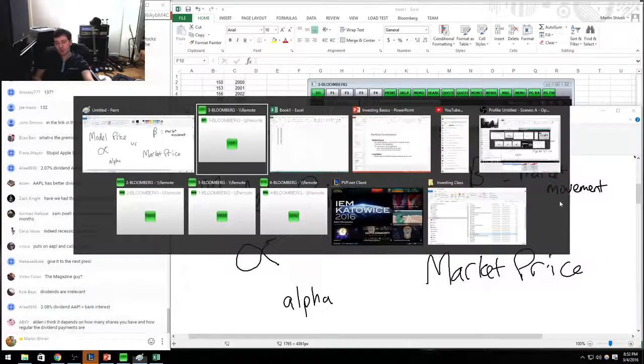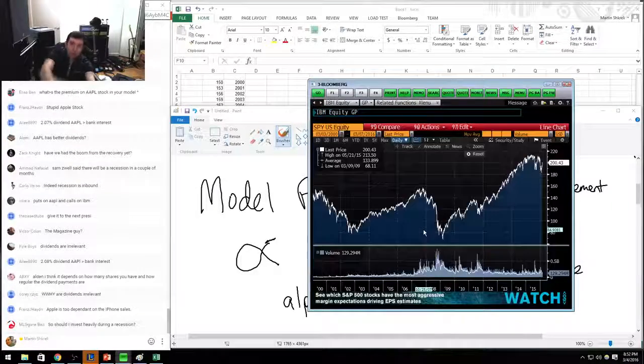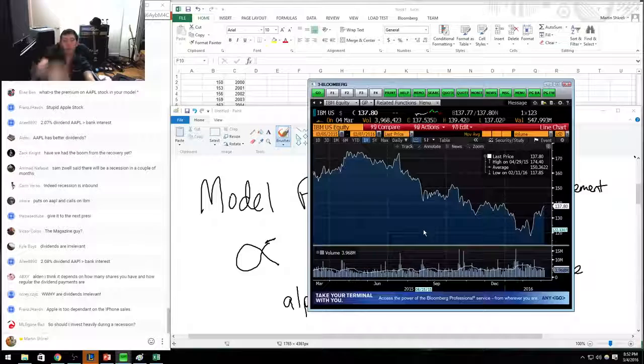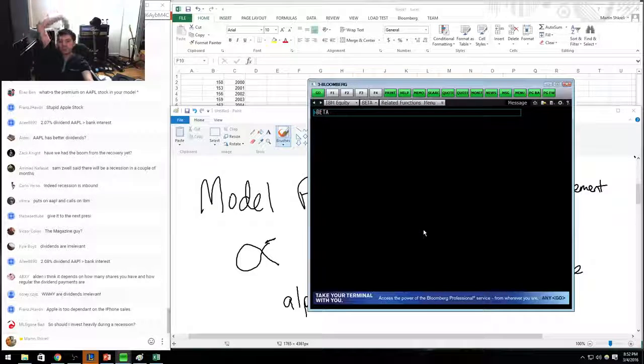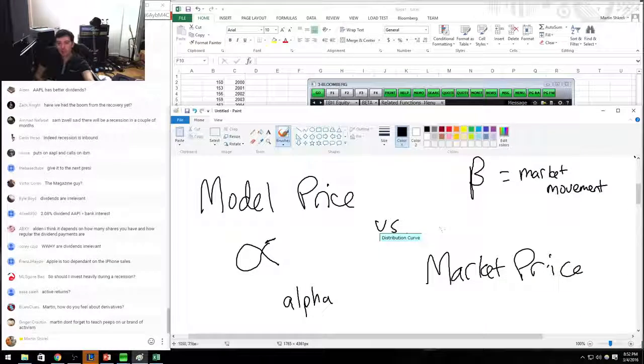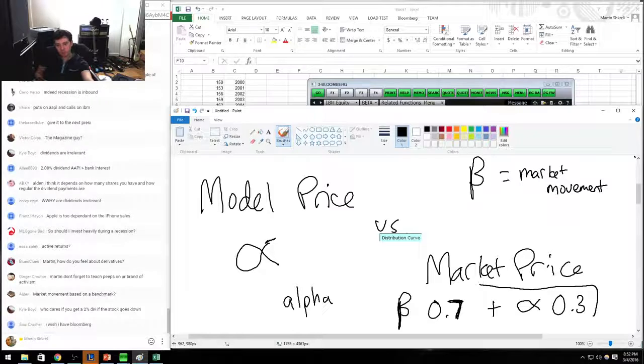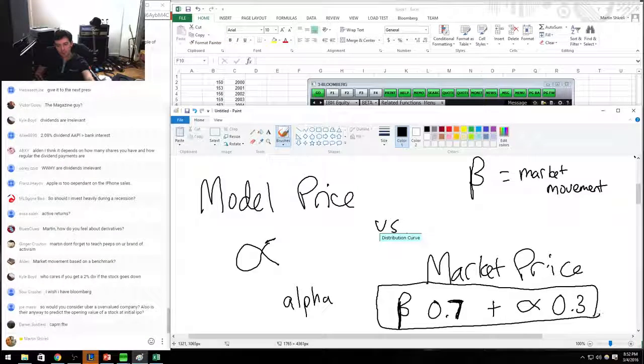So when stocks go up, in like the S&P 500, all stocks tend to go up. And you can see IBM actually has a certain beta. It's a coefficient. Its beta is actually 0.7. IBM's beta is 0.7. So that means 70% of IBM stock movement is related to the stock market movement, whereas only 30% is related to IBM specific things. That's why the market is so important.